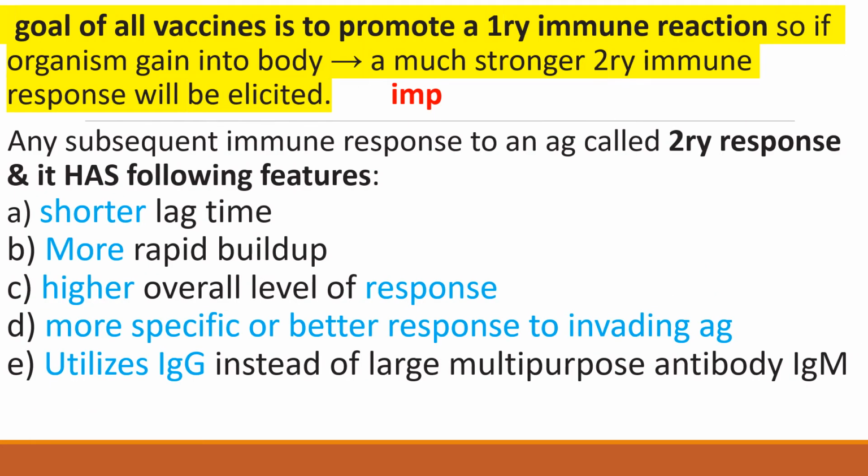The goal of all vaccines is to promote a primary immune reaction. So if the organism gains antibody, it will lead to a much stronger secondary immune response. This is important, the goal of all vaccines. Any subsequent immune response to an antigen is called secondary response, and it has the following features.